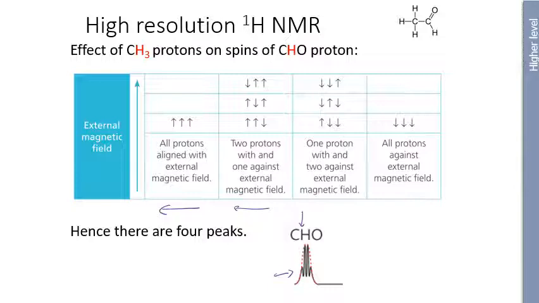Okay, and then correspondingly, you have the other example where you have 1 proton with and 2 against the external magnetic field. Okay, and there you have more shielding than de-shielding. And finally, you have where they're all against the external field, and those protons are completely shielded. Okay, and that's why you have the ratio of 1 to 3 to 3 to 1 in the signal.